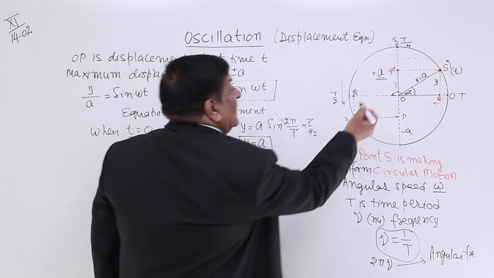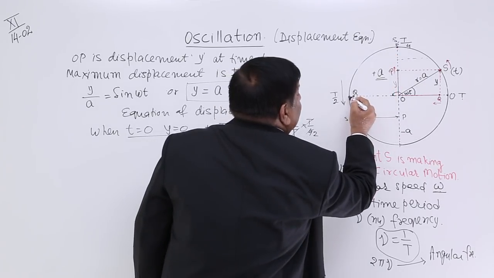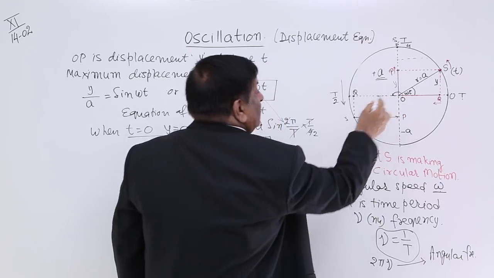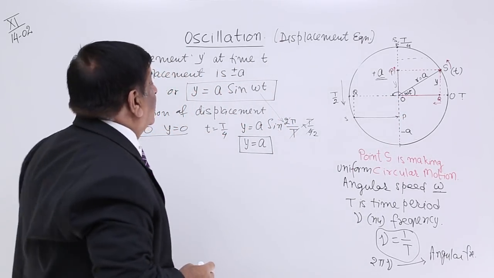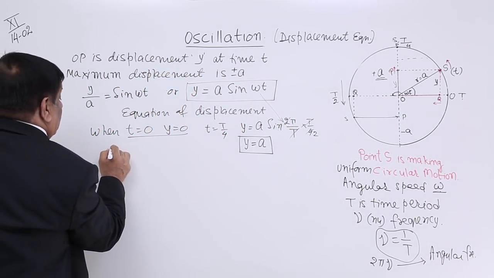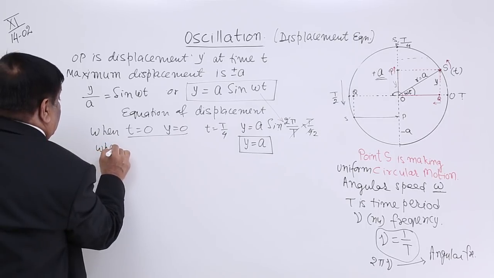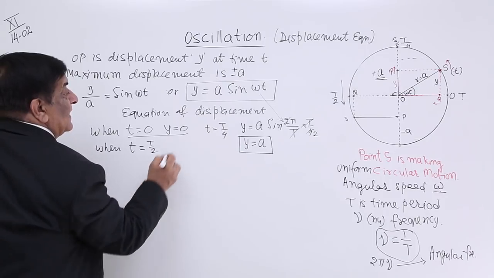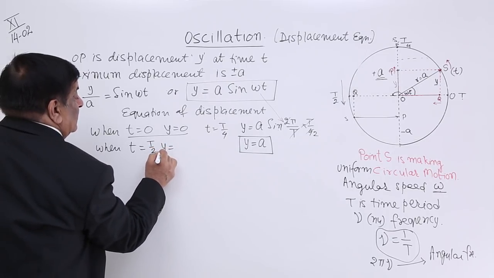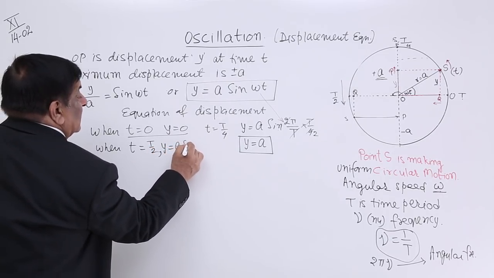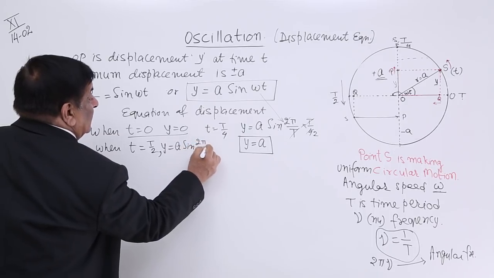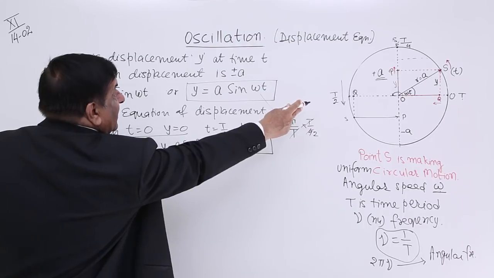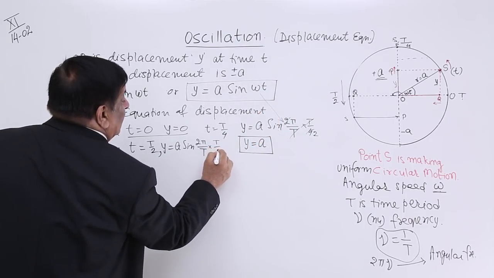Now, again, S comes here. When S comes here, we know P will come here. It is 0. Does it give us 0? See, when t is equal to T by 2, then y is equal to A sine 2 pi upon T, omega, multiplied by small t, and here the value of t is T by 2.